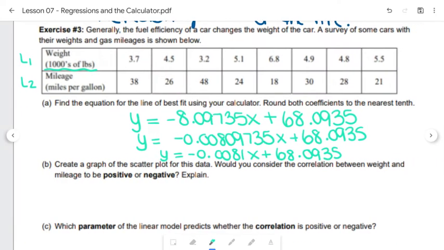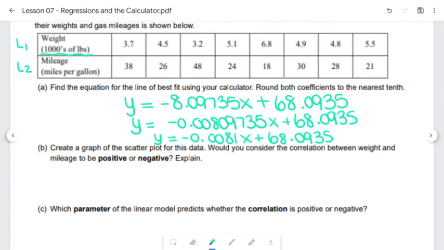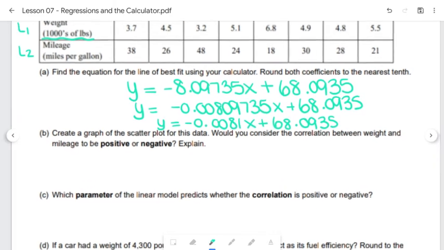Notice the y-intercept's still the same because I didn't change anything about my y values. And the weight changes because it's y over x. So that's why it's getting smaller, because those are thousands of values now. So we just want to be careful of something like that sneaking up.